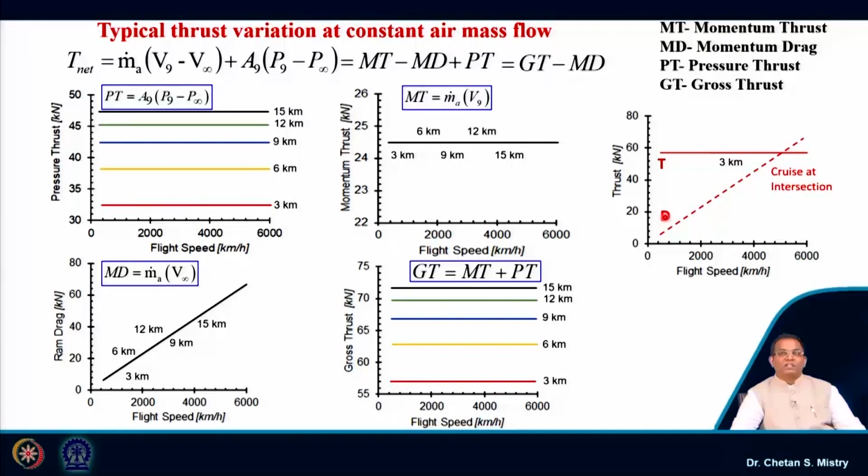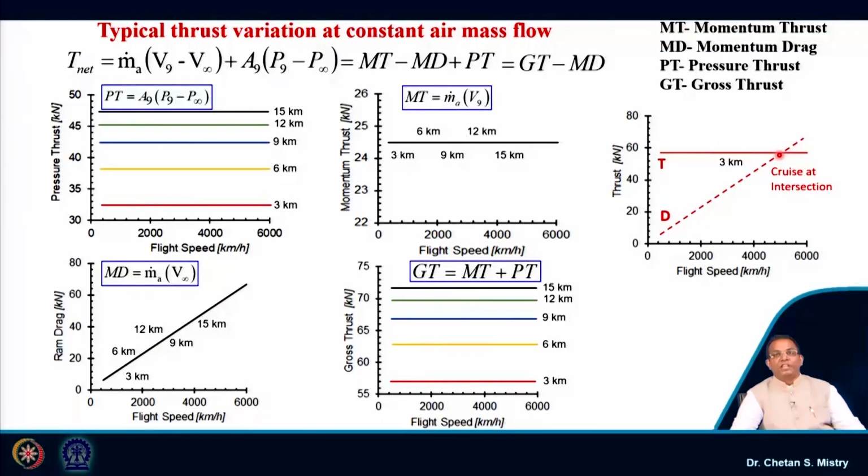Suppose I consider a particular altitude. With the increase of my flight speed, my thrust will remain constant, and in this case at the lower speed, the thrust generated by the engine will be higher compared to my drag, and this will be increasing with increase of my speed.